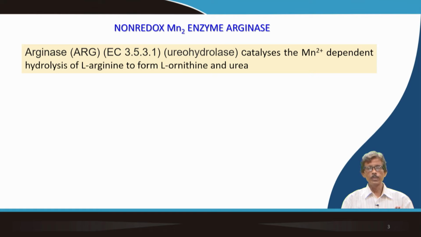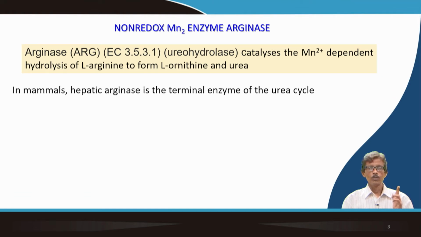You must know the structure nicely, otherwise you cannot find out how the manganese center is responsible for the cleavage, the cutting of the part which produces the urea molecule. In the human system, hepatic arginase is the terminal enzyme in the urea cycle.